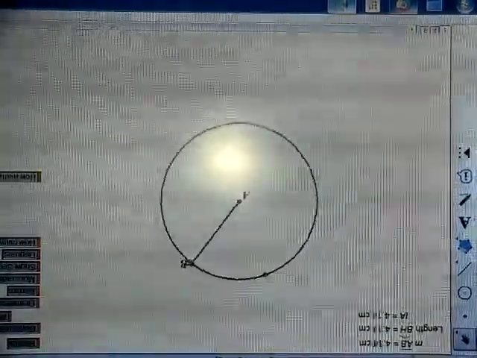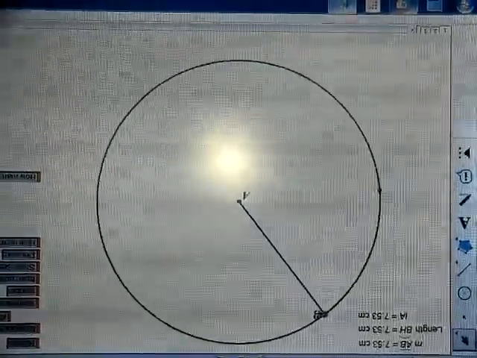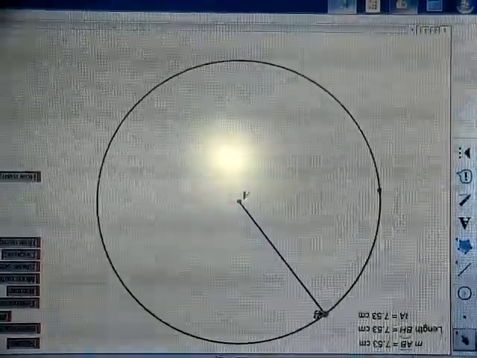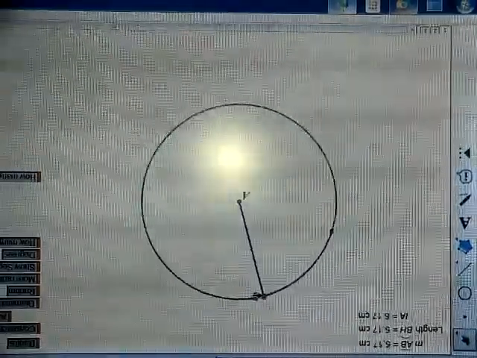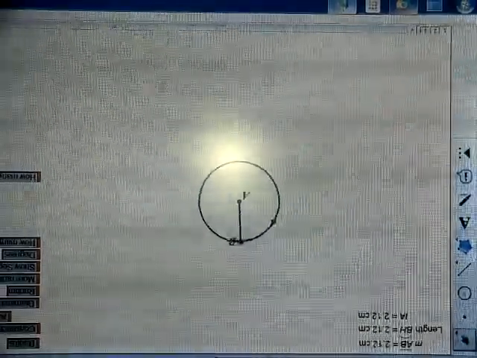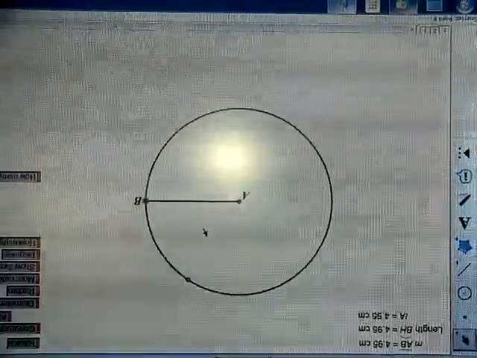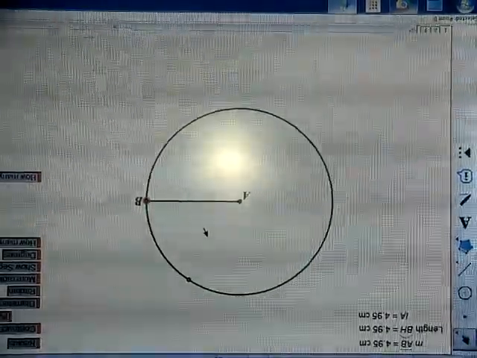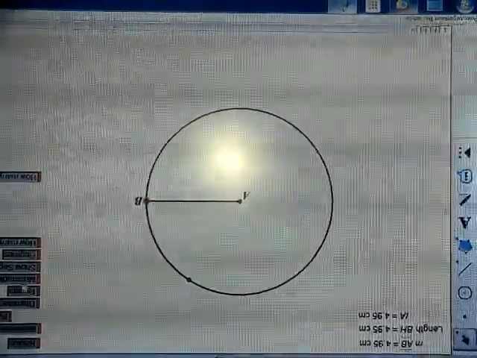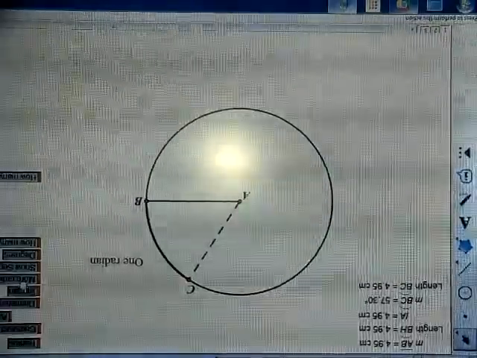So if I make it bigger, you can see up here that the arc measurement and the radius are both getting bigger or smaller, all together. So when we open up this arc, the same size as the radius, we get what's called a radian. So we have 1 radian.